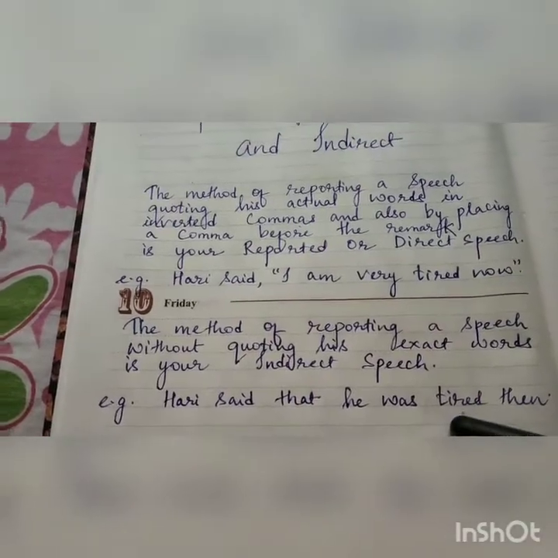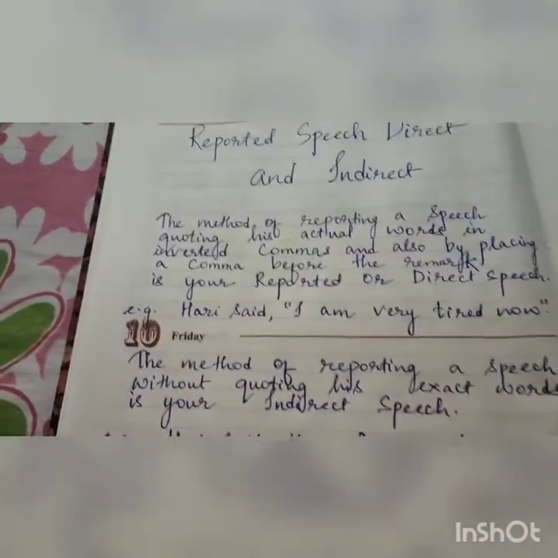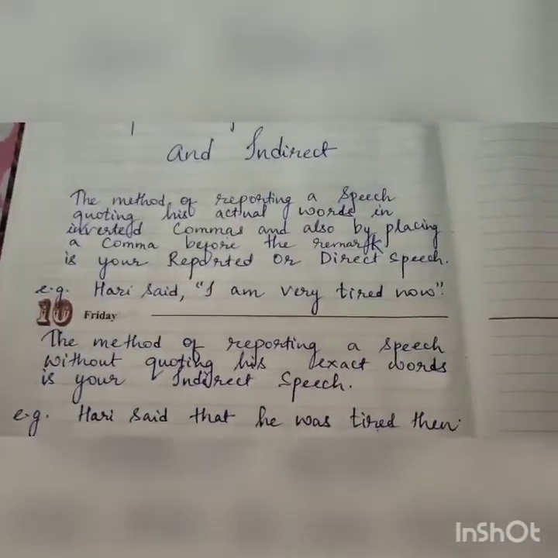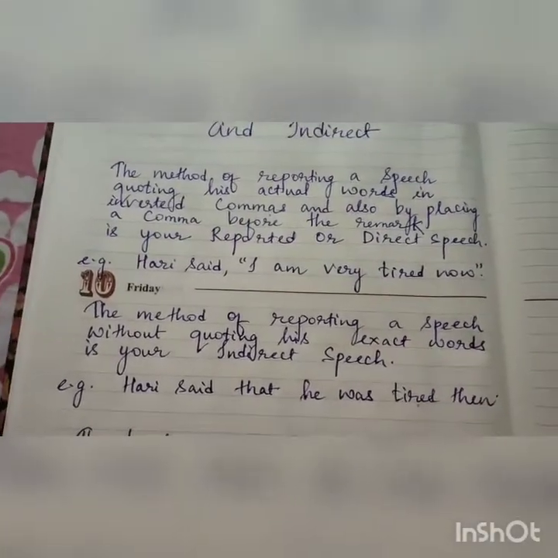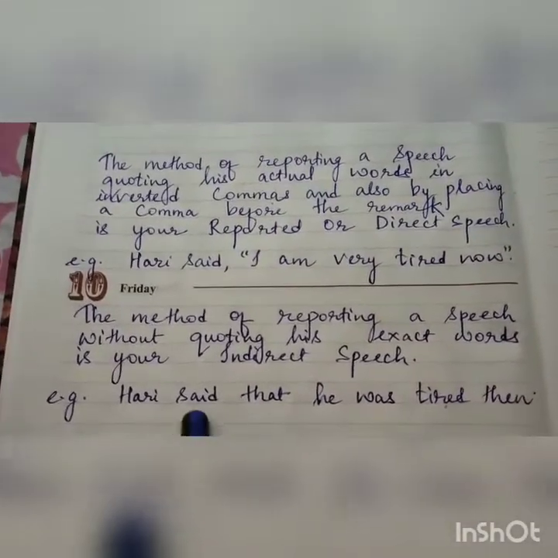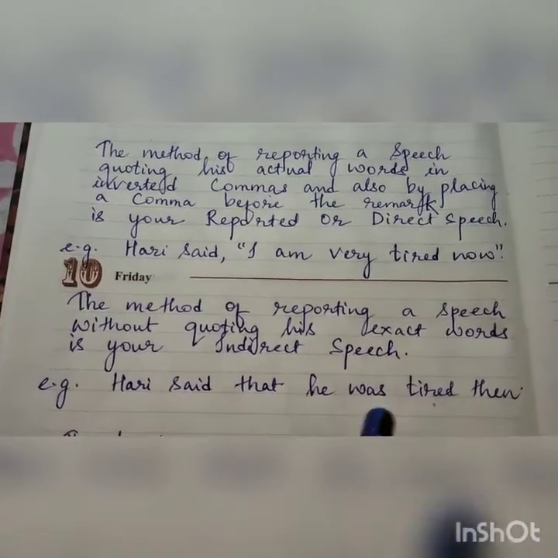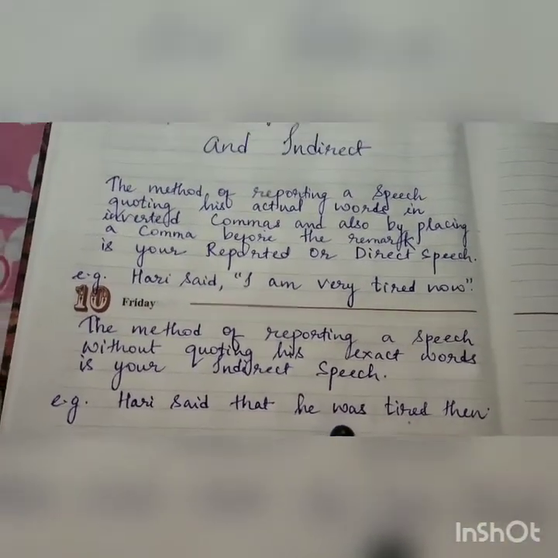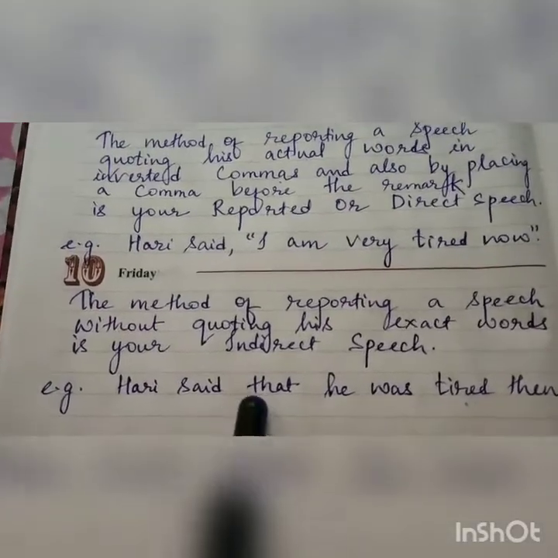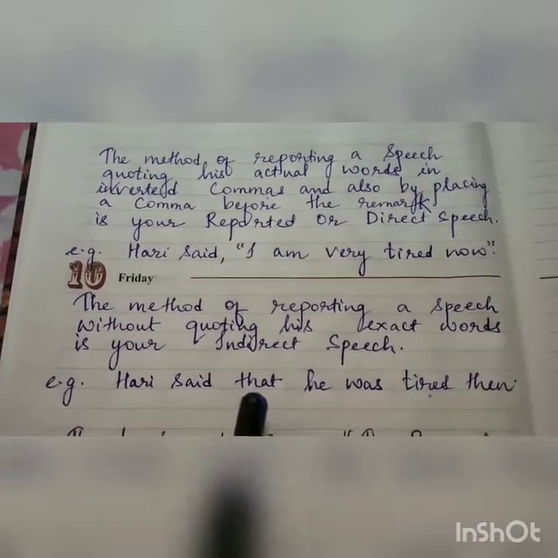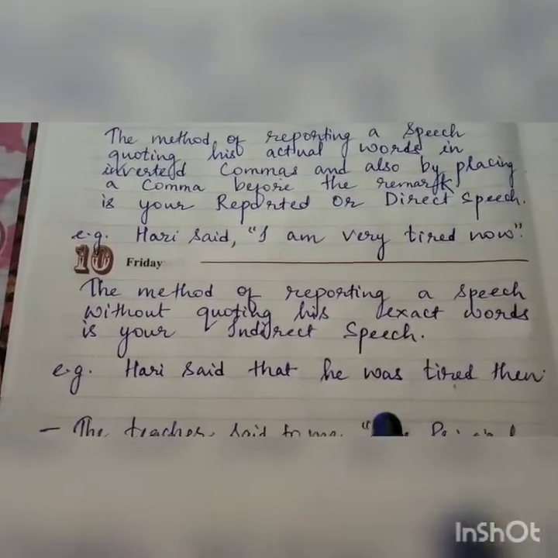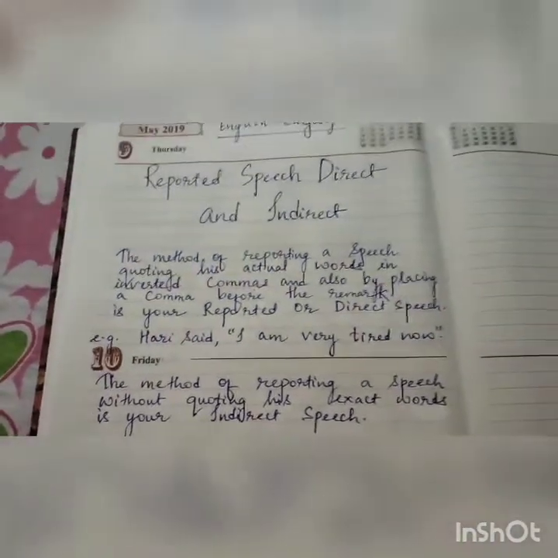Rule number 1. The first thing which is important to know is use of the conjunction that before the indirect statement, except in the case of an imperative sentence and an exclamatory sentence. That means we can use that anyway, but not in the case of imperative. Now what is an imperative sentence?